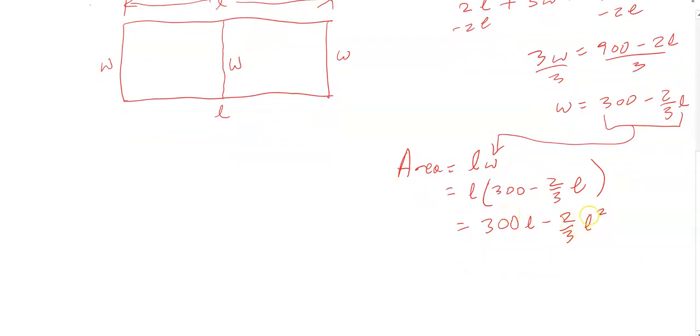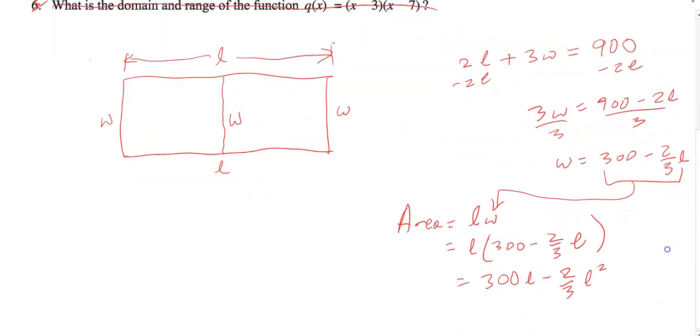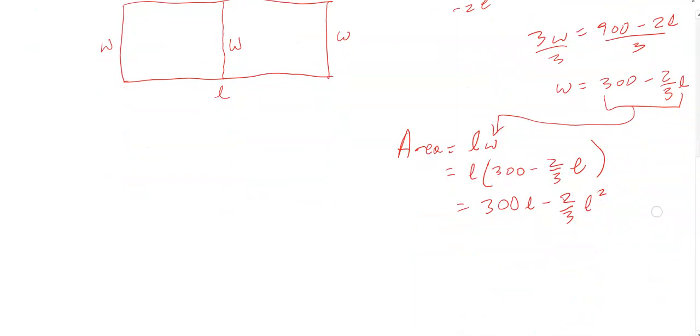This looks somewhat like a quadratic, and what we do know about maximum, we want to maximize the area. So to get the max area, your L at the maximum, or at the vertex, would be negative B over 2A.